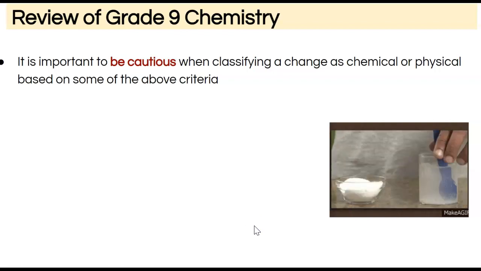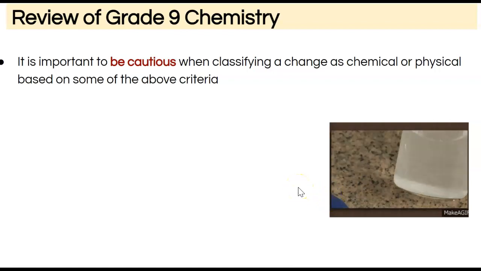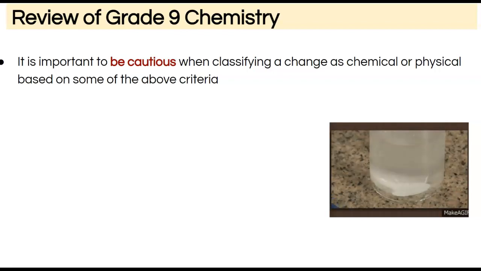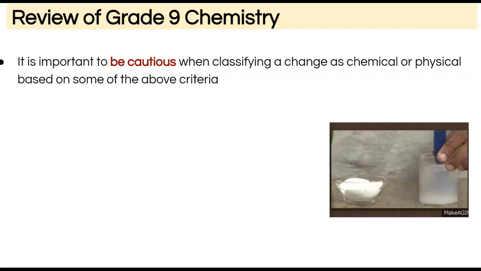Lastly, I want you to imagine that I have salt, and this person's just adding salt to water. You can imagine that person could be adding salt to a point where they've added so much salt that no more of that salt can dissolve. Now remember, dissolving is a physical change because I haven't made a new substance.